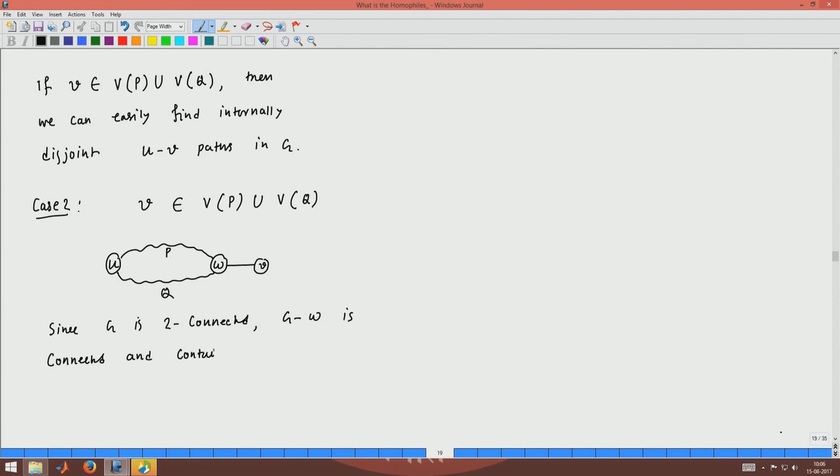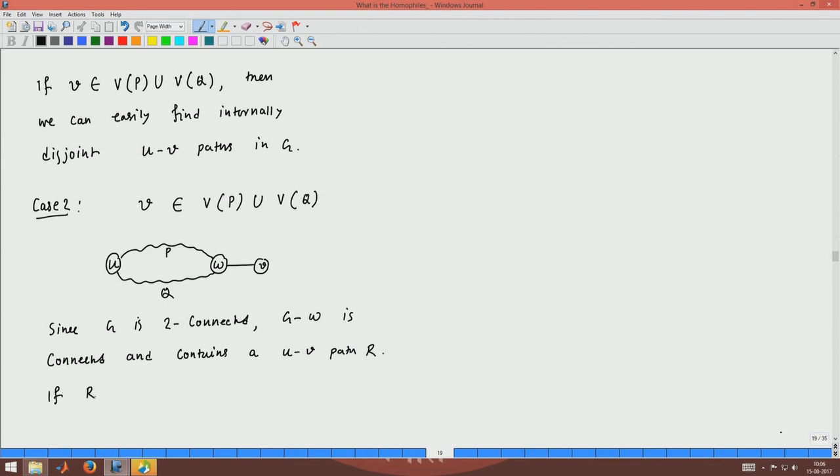contains a UV path R. So, again there are two situations.